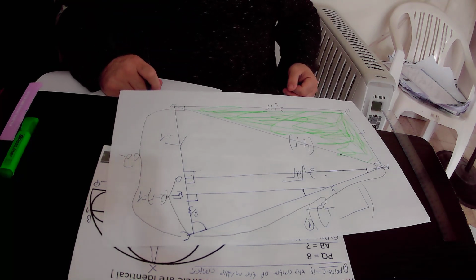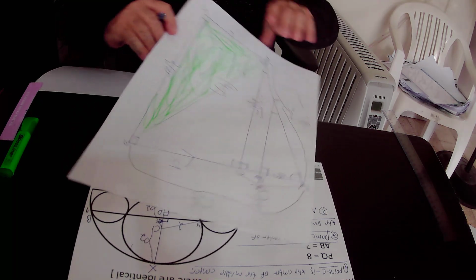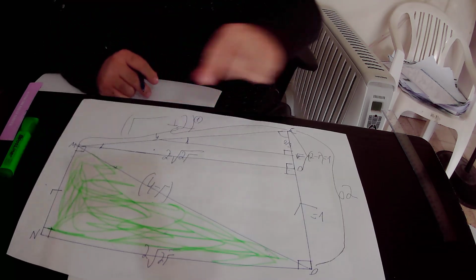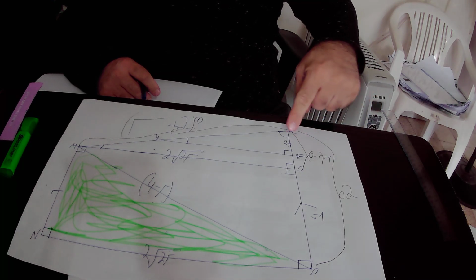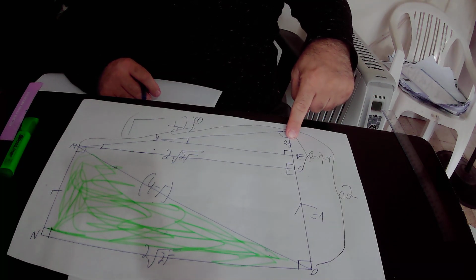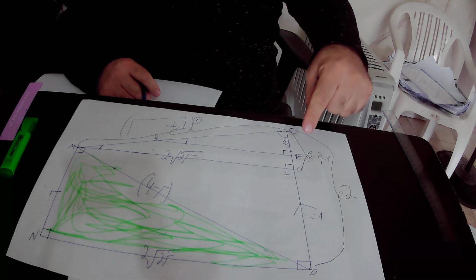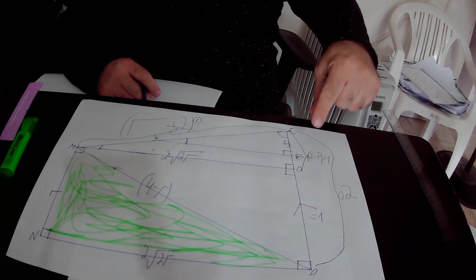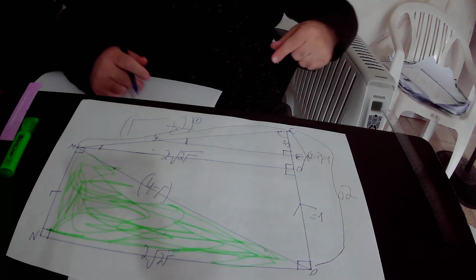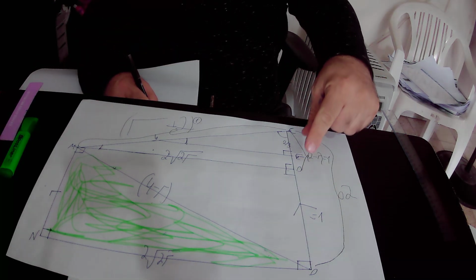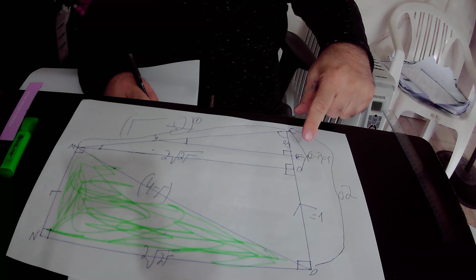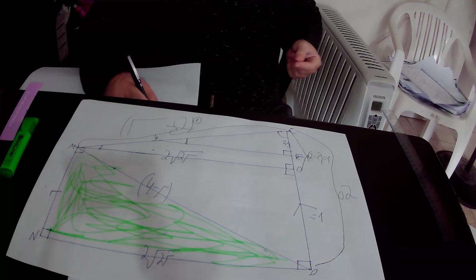And you can see here, we know that CD equals 1 unit and CE equals 2/3 units. Therefore, DE will be equal to CD minus CE.